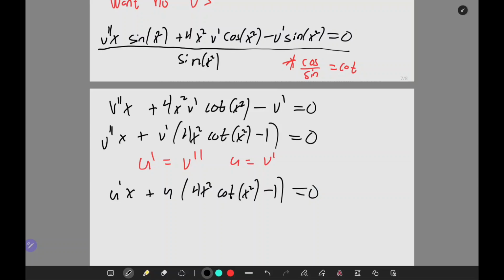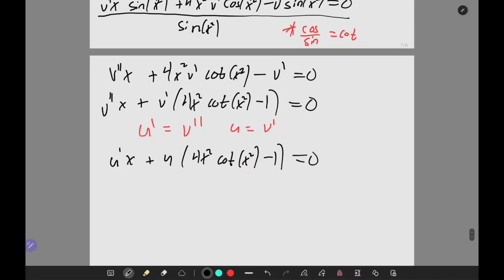And we have to solve for v, right? So this is already not the nicest looking thing, so I'm going to rearrange this. x u prime is equal to negative u times 4x squared cotangent of x squared minus 1.